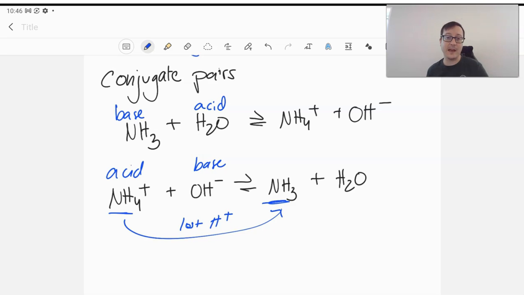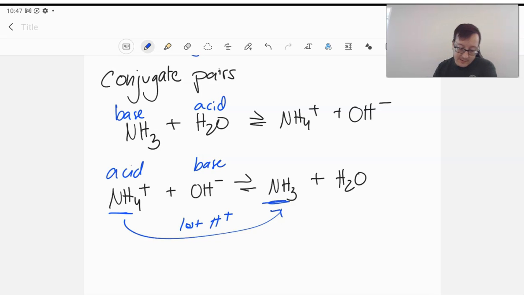We see in the case of the water, in the first reaction, it's an acid. It becomes hydroxide. Hydroxide later, in the reverse reaction, is a base. The term we have for these is conjugate pairs.